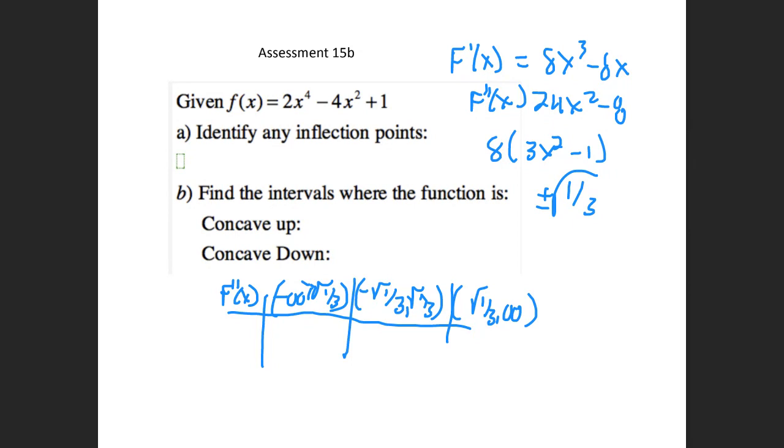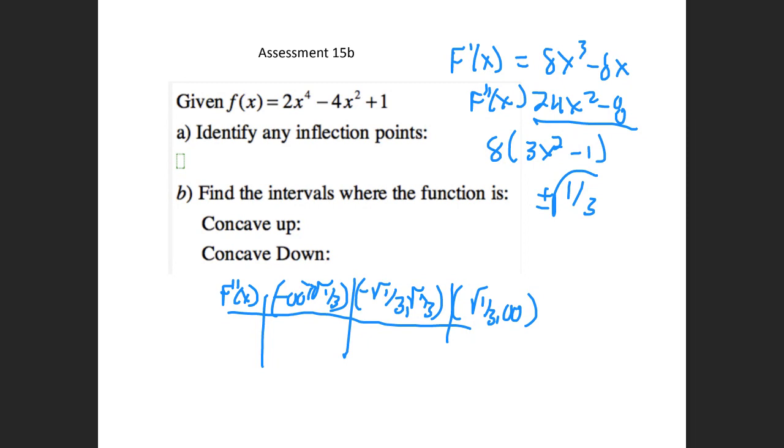Oh, did I? Yeah. I was going to say, because you shouldn't have 0 as an interval, right? Yeah, because when you bring it down, you should end up with that. So then, let's see here.